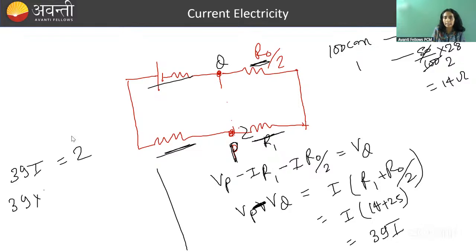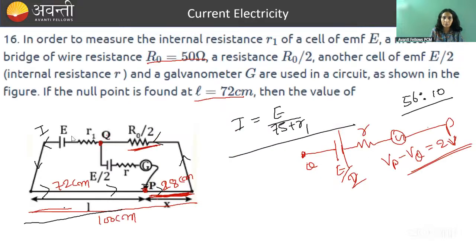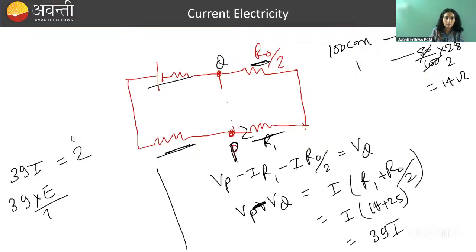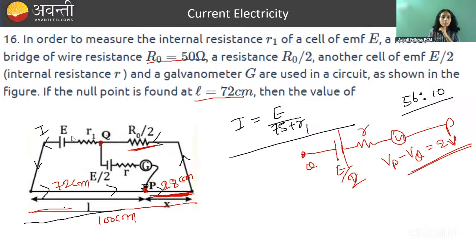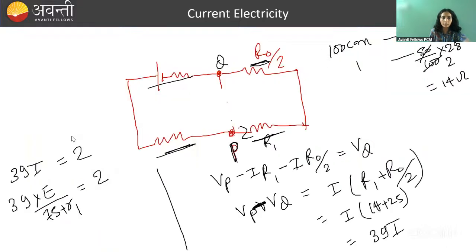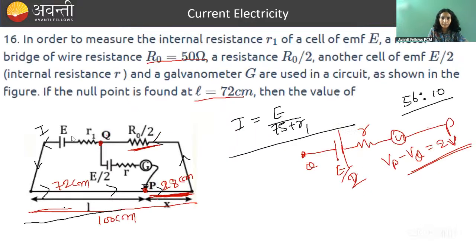I का वैल्यू अब आप पुट कर दो, I कितना था हमारा, E by 75 plus R1. So 39 E by (75 plus R1) is equal to E by 2. ओके, ई का वैल्यू गिवन है क्या, ओके इट्स नॉट गिवन, ओके दैट इज नॉट 2 वोल्ट, दैट इज E by 2 बेसिकली, सॉरी मैंने यहाँ पे गलती किया. पता नहीं मैं 2 वोल्ट क्यों लिख रही हूँ बार बार, ये E by 2 है ना, VP minus VQ, दिस इज E by 2 सॉरी.